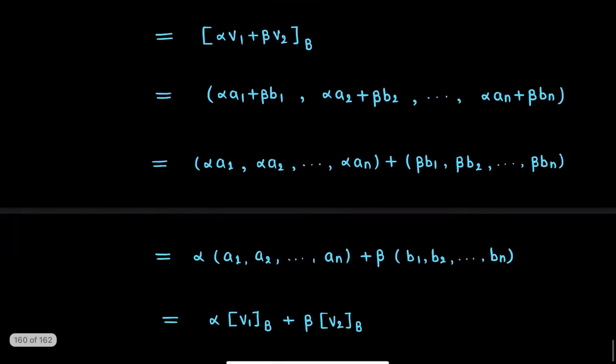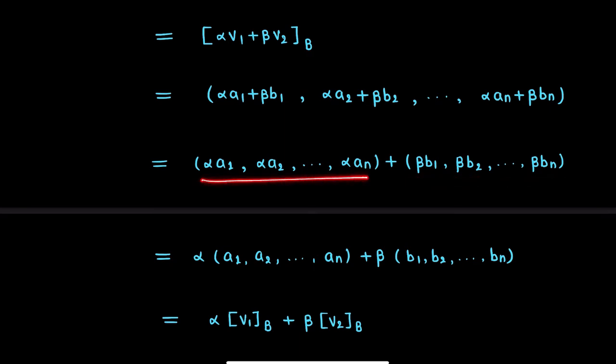Now we can write this vector as the sum of two vectors, that is, alpha a1, alpha a2, up to alpha an, plus beta b1, beta b2, up to beta bn.